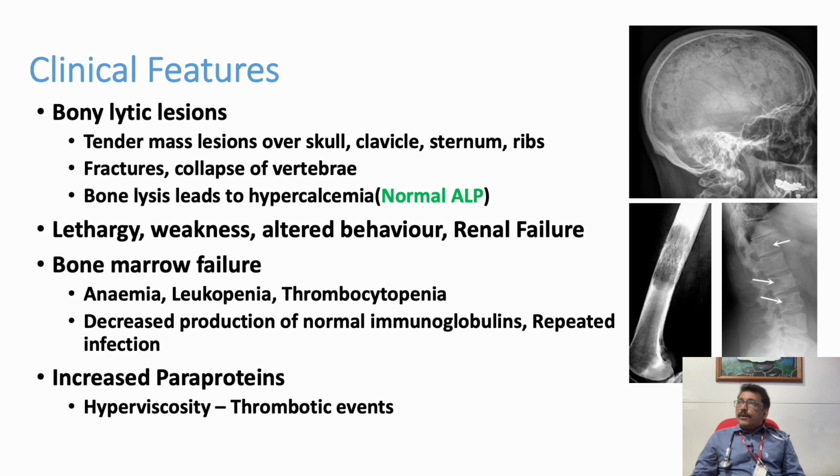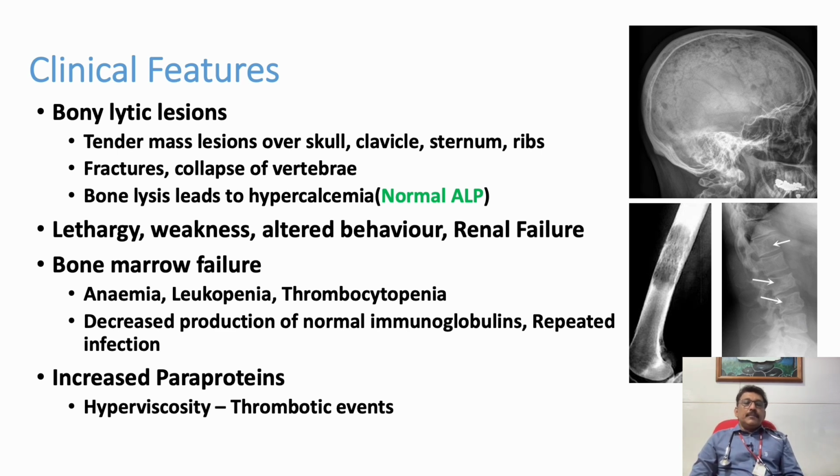So RBC production is reduced, WBC production is reduced, platelet production is reduced, and normal immunoglobulins are also reduced. Reduced RBC production means the patient can have anemia and related features. Reduced WBC production and immunoglobulin reduction produce reduced immunity and infection. Thrombocytopenia produces bleeding.